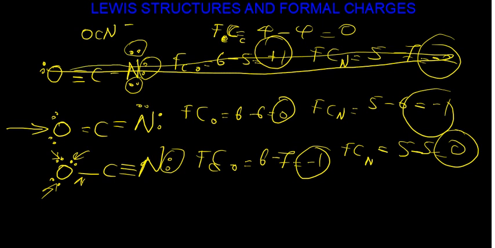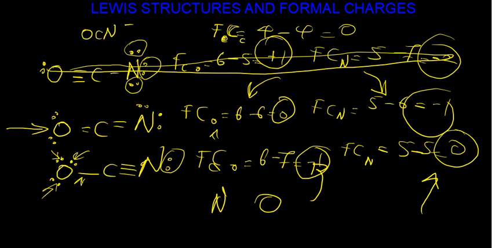Again, what you need to know is the negative charge always wants to reside on the most electronegative atom. So here we've got oxygen and nitrogen. Now between oxygen and nitrogen, which one do we think should have the negative one? Because in here it is nitrogen with a negative 1 and then oxygen as a 0. In here oxygen as a 0, oxygen as a negative 1, nitrogen as a 0.